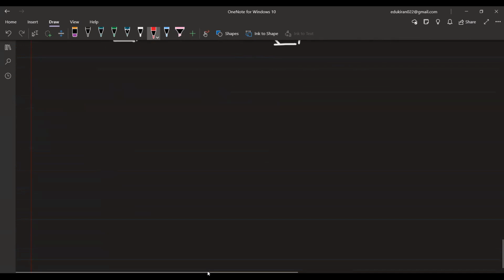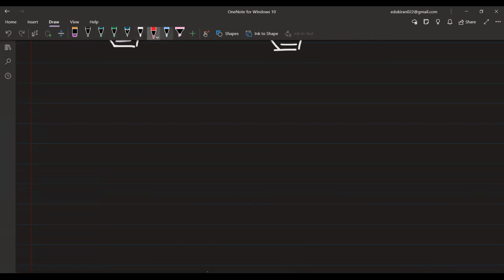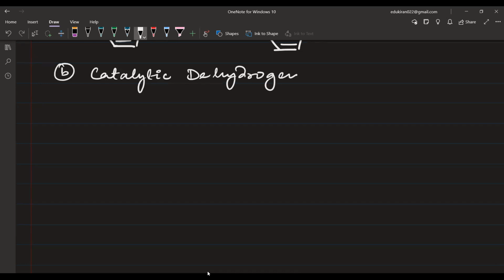Right, next, catalytic dehydrogenation, not dehydration. Please write the next one, B part. Catalytic dehydrogenation.